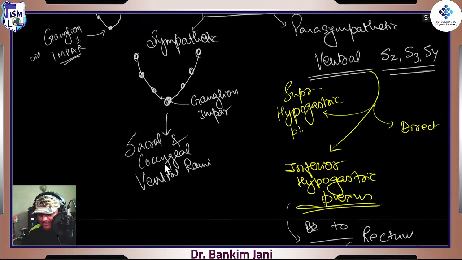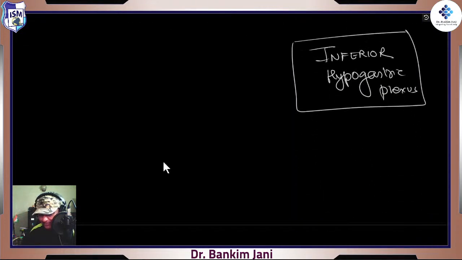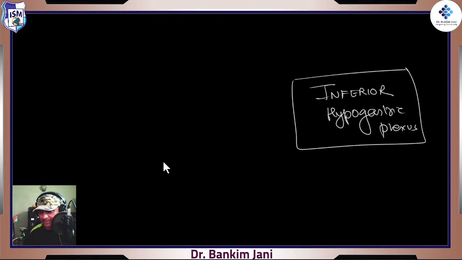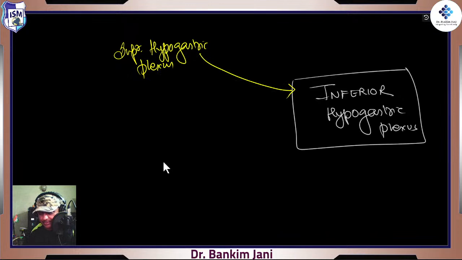Those fibers from S2, S3, S4 were going to the superior hypogastric, right? Now, for the formation of the inferior hypogastric, the superior hypogastric comes into the picture, right? So this is the superior hypogastric plexus, right? It feeds the inferior hypogastric.